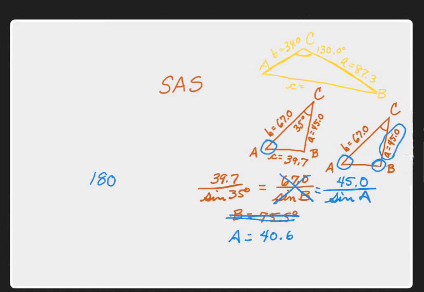If you then take 180 degrees minus 35 degrees, which you were given, and subtract from that the 40.6 degrees that you have found, your final answer for the remaining angle B will be 104.4 degrees, which is a far cry from our original 75.5, and it tells me that my triangle could have been drawn better.